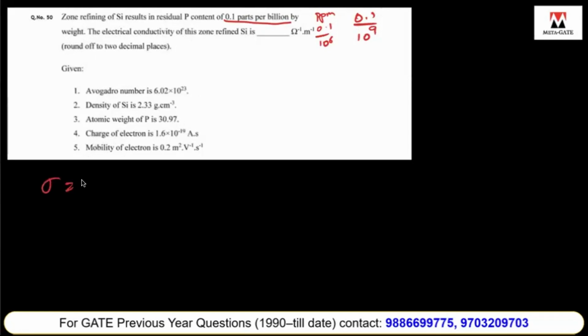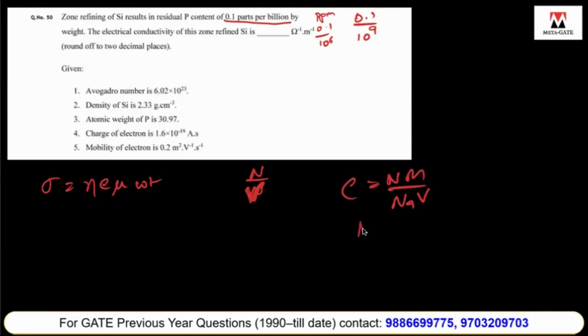Electrical conductivity is given as n into the charge of an electron into its mobility. As the impurity is given per weight, the n value will be per weight. Now, to calculate n by V, we know density is equal to nM by N into volume, where n is the number of atoms and M the molecular weight.